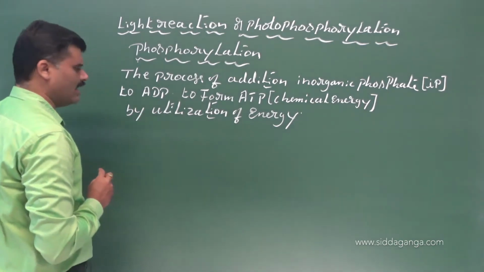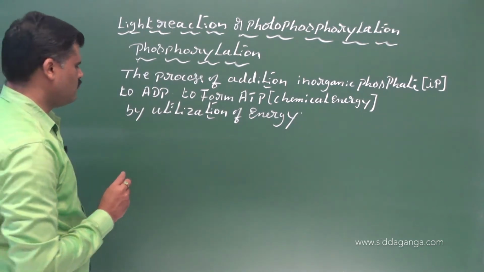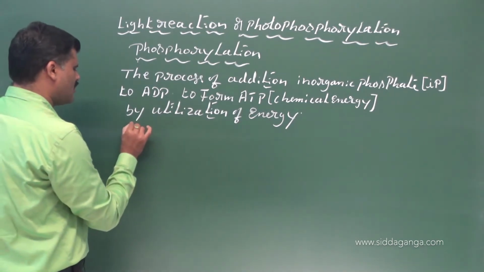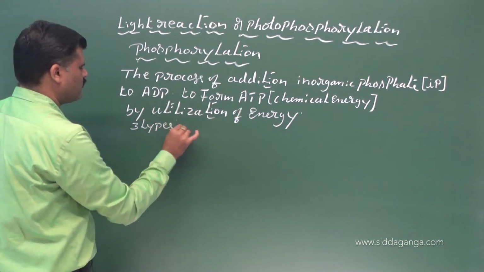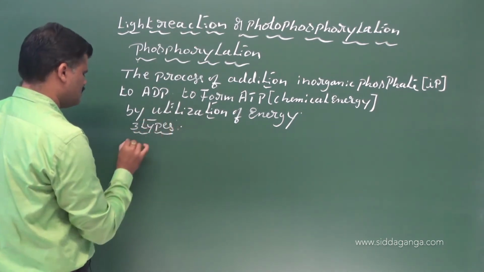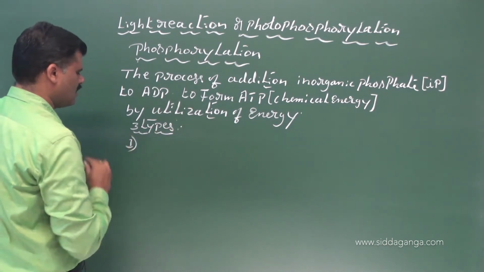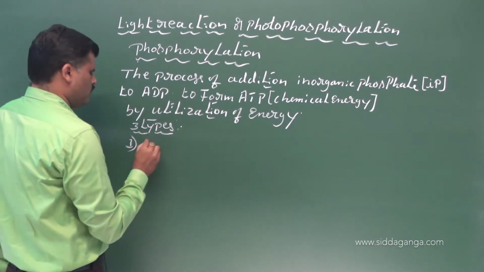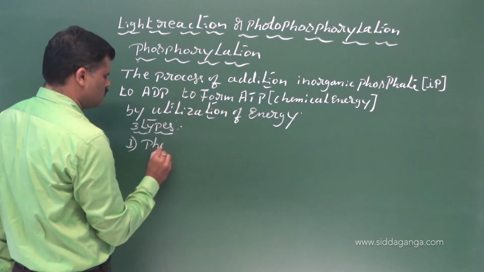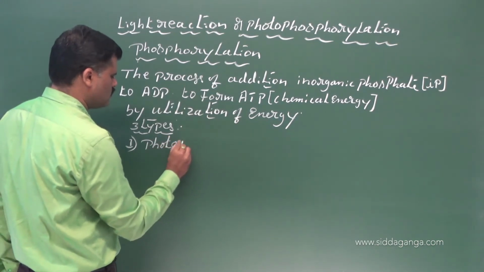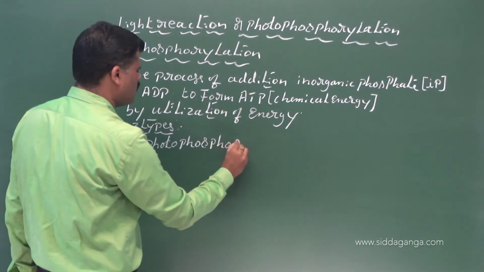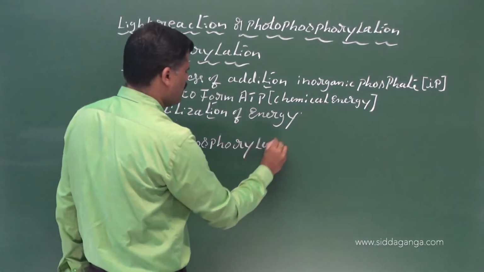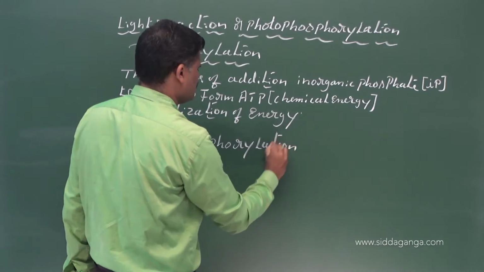This phosphorylation is of the following types. There are three types of phosphorylation. The first type is photophosphorylation.